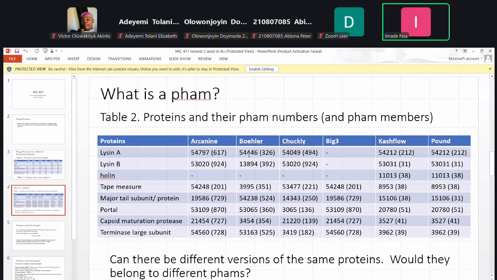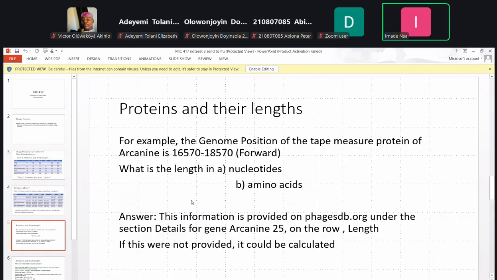So 5446 is the pham number. 326 phages are in this pham. 3527 is the pham number of the capsid maturation protease of Cash Flow, and 41 members are here. That was a few years ago. It could have changed. Here, I just show you forward.